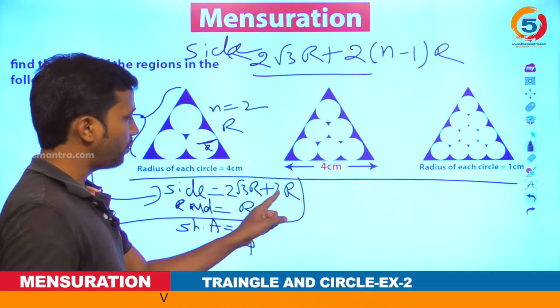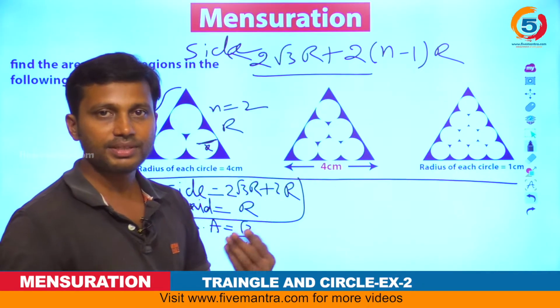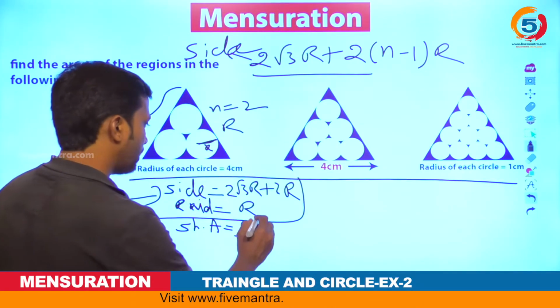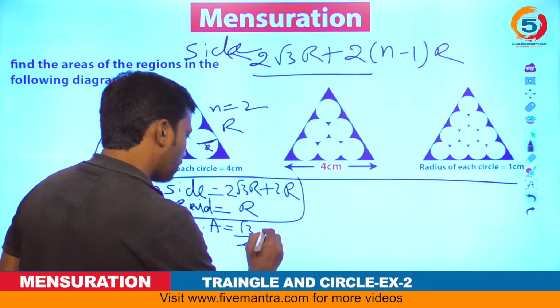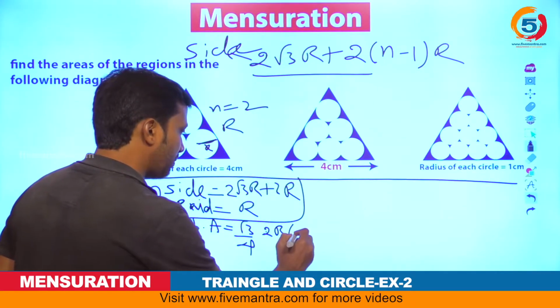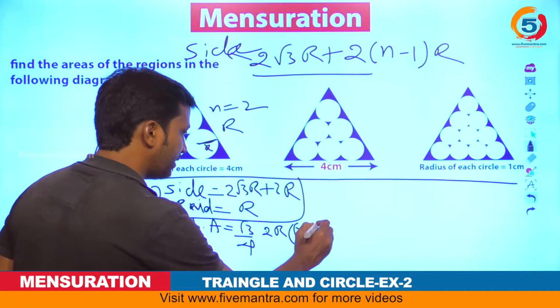I want to take 2R common from the terms so that the calculation is easier. So 2R is taken common, and root 3 plus 1 is left inside.